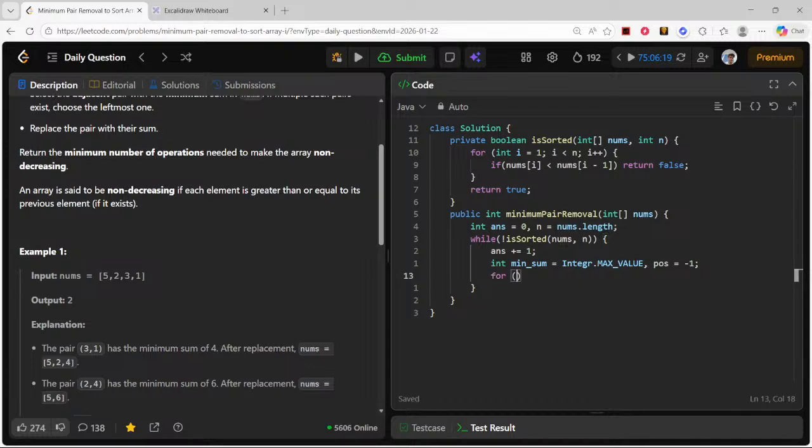So for int i = 1, i less than n, i increment, right. So int sum is equal to nums[i - 1] and nums[i] added, right.